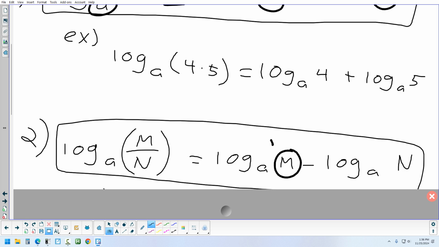This is the numerator. This is the denominator. Does it matter when you subtract about order? Yes, it does. With addition it doesn't, but with subtraction it does. The top goes first. The bottom has to be second.